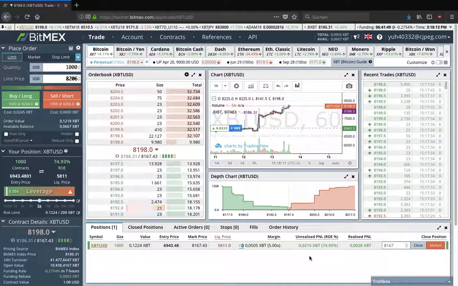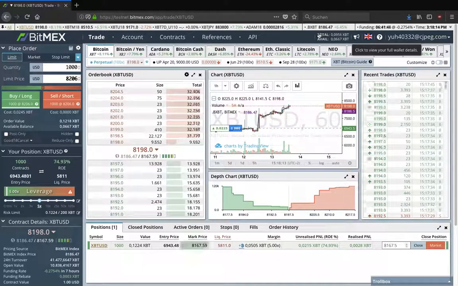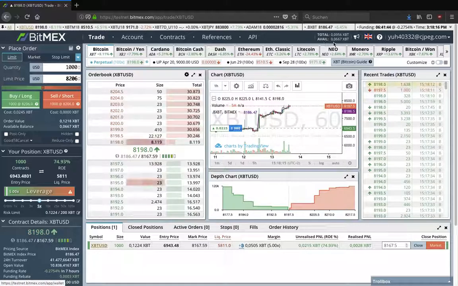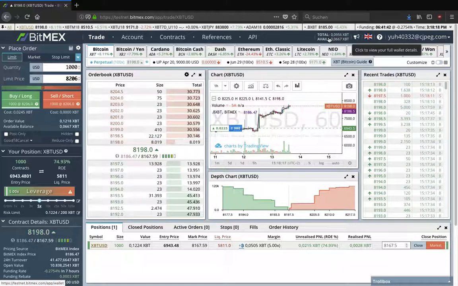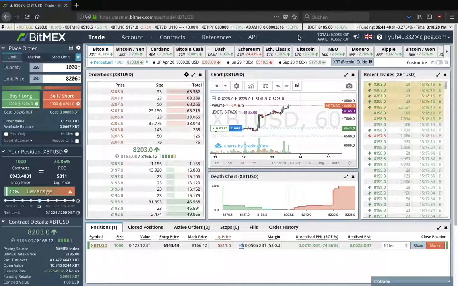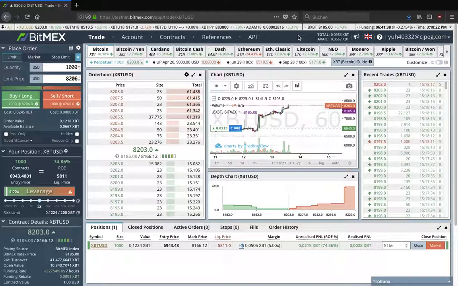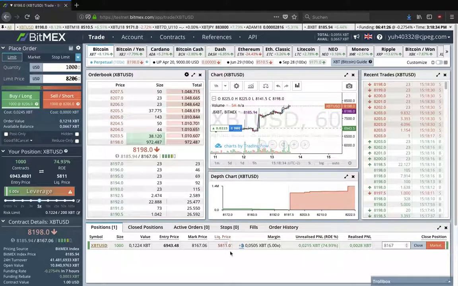Obviously, if you look at my total balance and my available balance, it doesn't quite add up, because my available balance should actually be lower. But BitMex automatically adds your unrealized P&L down here to your margin requirement.